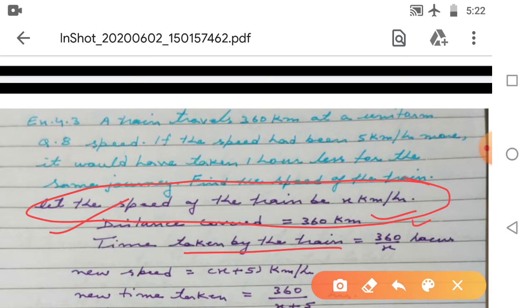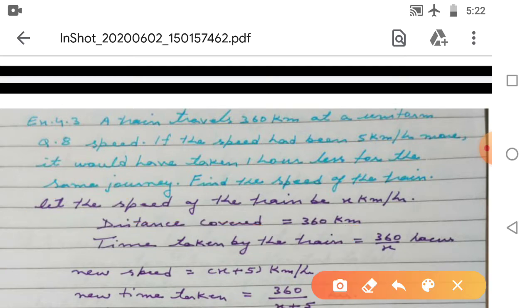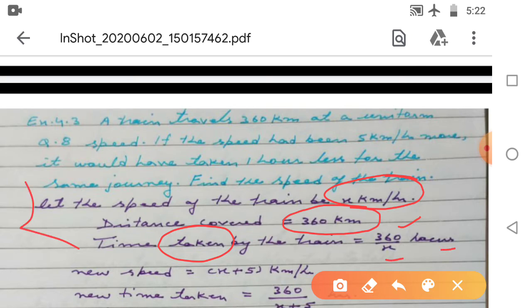That is distance upon speed, that is 360 upon x hours. Here this is the speed, this is your distance covered. This is the initial condition.